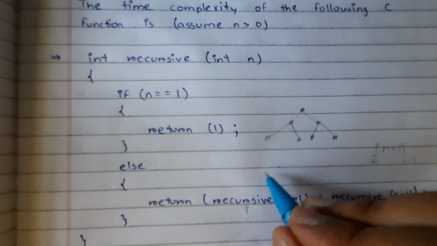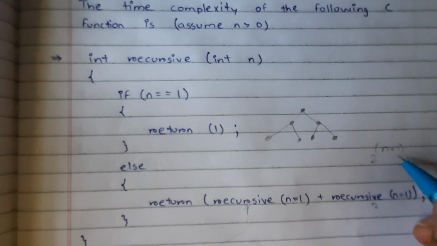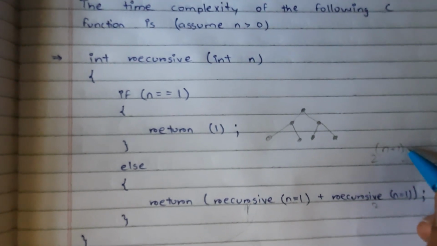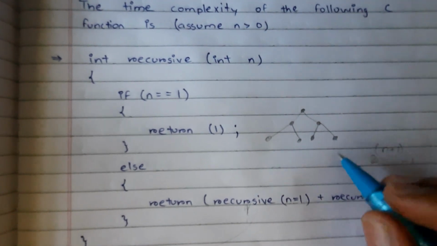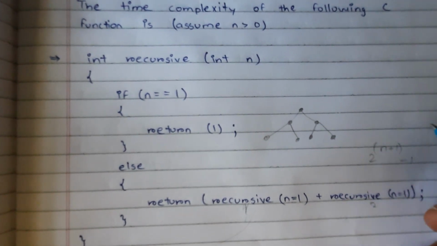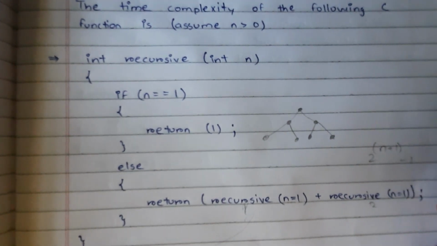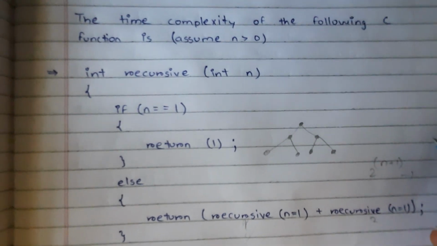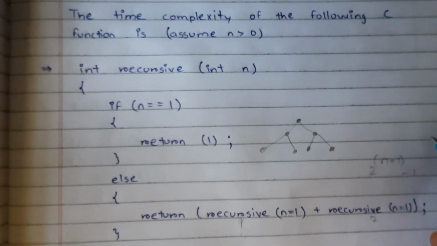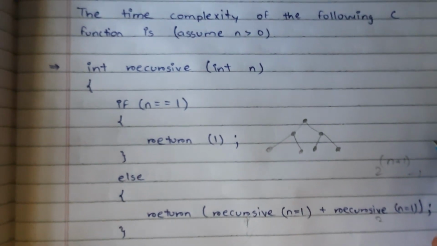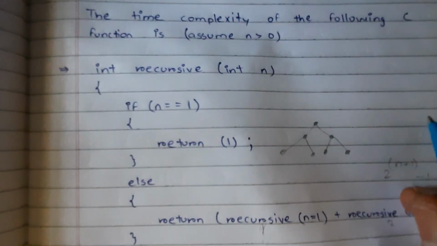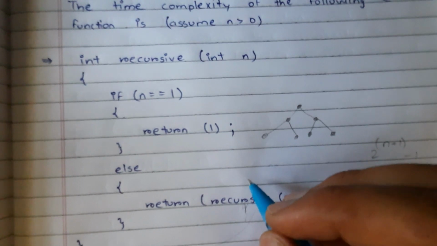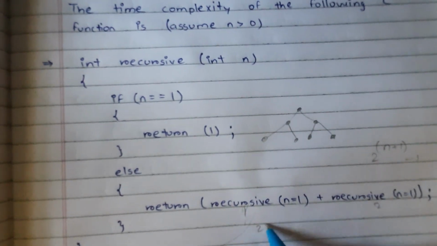So the time complexity will be directly proportional, because the complexity of the function is constant. It will not change with the number of calls. So therefore the overall time complexity of the function will be 2 raised to n.